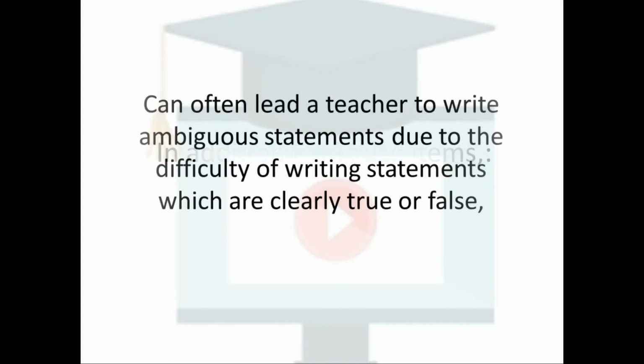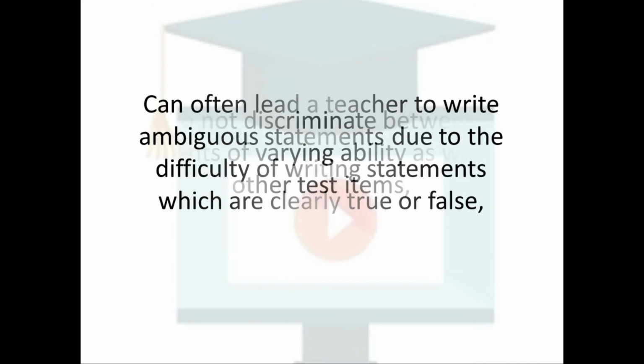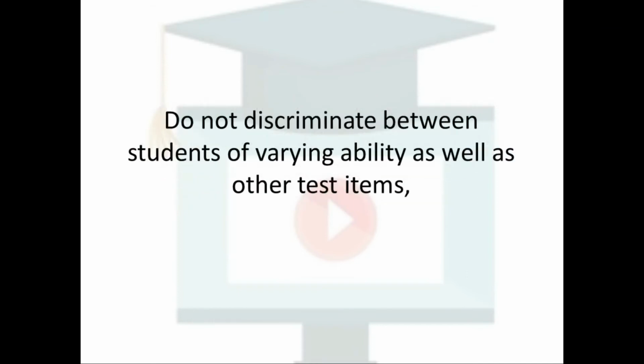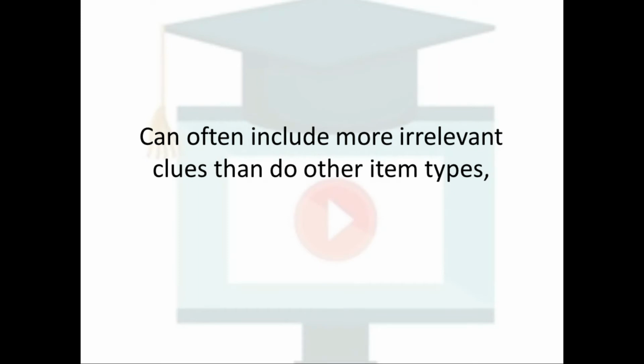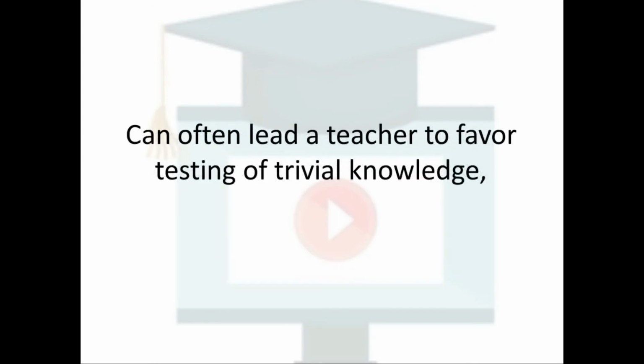In addition, true/false items can often lead a teacher to write ambiguous statements due to the difficulty of writing statements which are clearly true or false. They do not discriminate between students of varying ability, they can often include more irrelevant clues than do other item types, and they can often lead a teacher to favor testing of trivial knowledge.